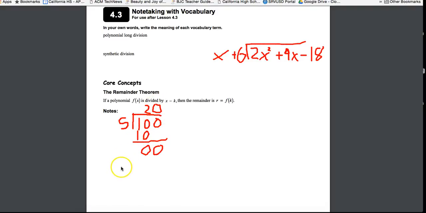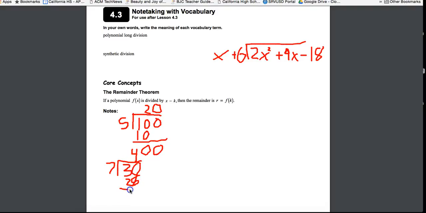Let's do another example. Let's say we wanted to see how many times 7 can go into 30. Well, in this case, we get 4, and when we multiply, we get 28.